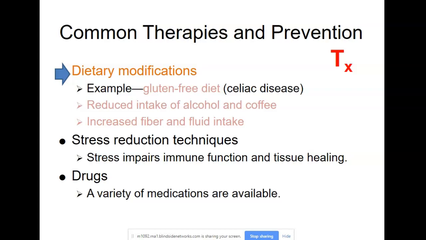One of the biggest complaints with the GI tract is constipation or diarrhea, one of the two. So ways to treat that would be balancing fluid and water intake to make sure there's adequate supplies of both. Stress can actually cause constipation. Stress activates your sympathetics, which is going to clamp down your GI tract and decrease motility.